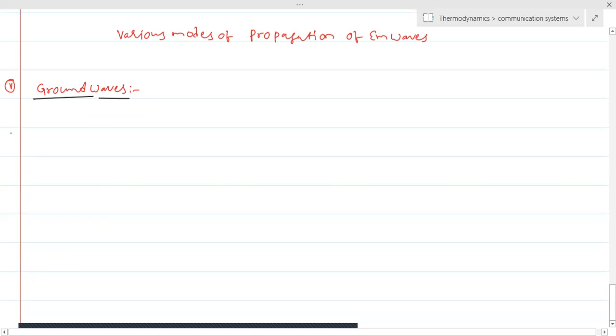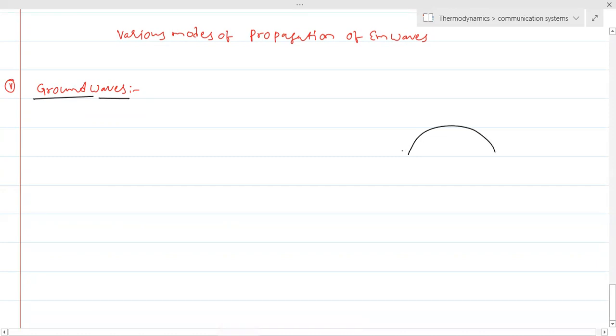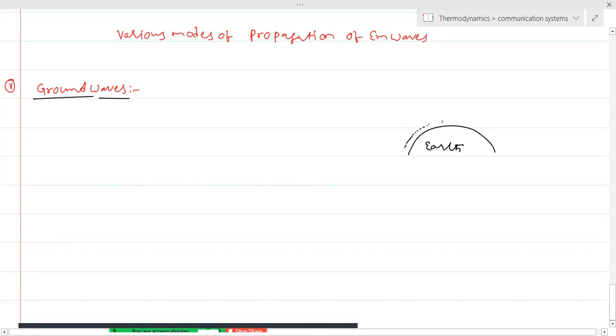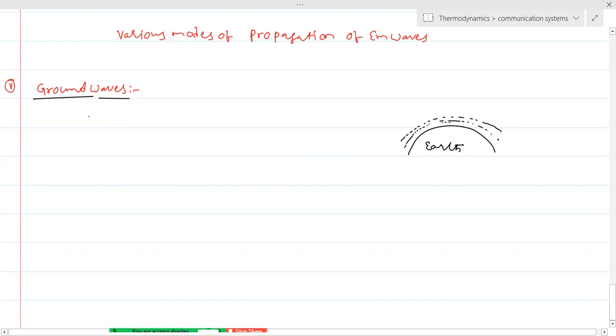Ground waves: in the name itself, we have the situation clearly. Suppose we are taking this as the earth. Along the surface of the earth, they will travel through the atmosphere.